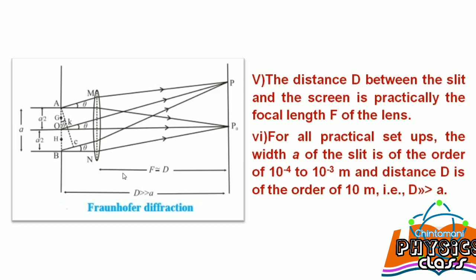For a practical setup, the width a of the slit is of the order of 10 raised to minus 4 to 10 raised to minus 3 meter, and the distance capital D is of the order of 10 meter. That means capital D is always greater than small a, where small a is the width of the slit.